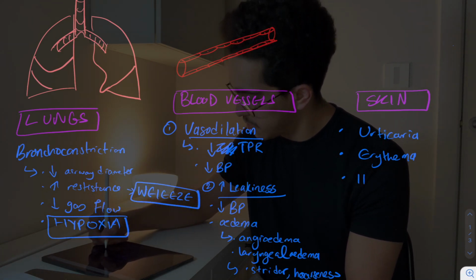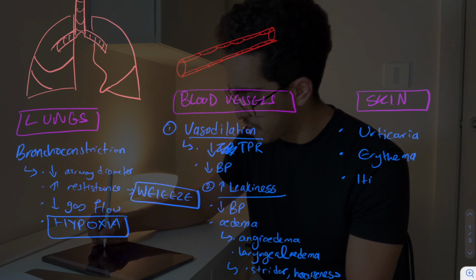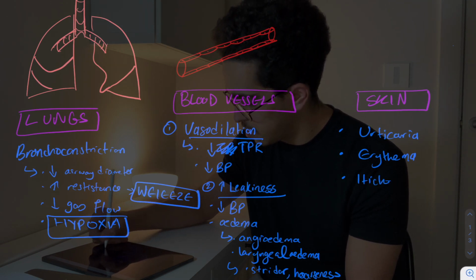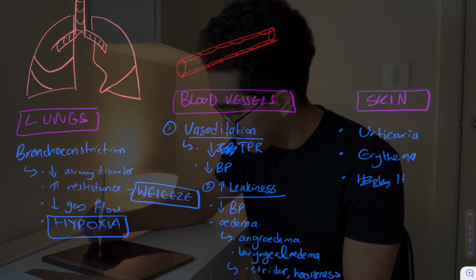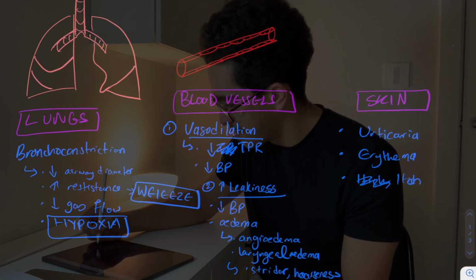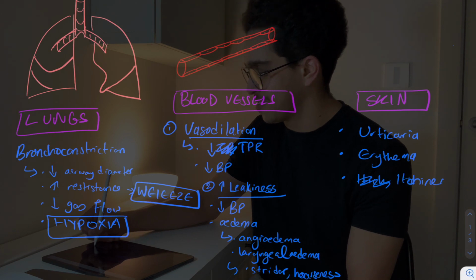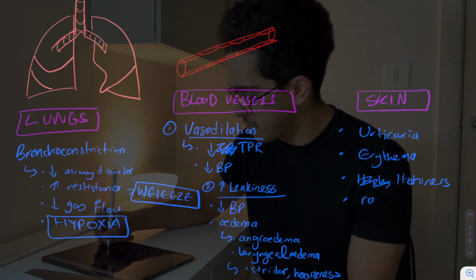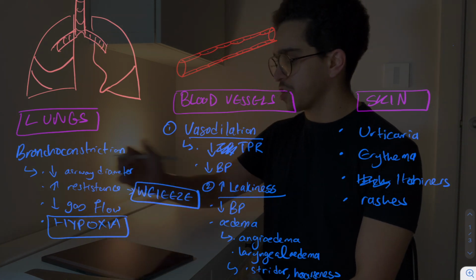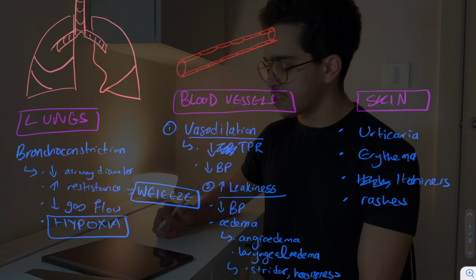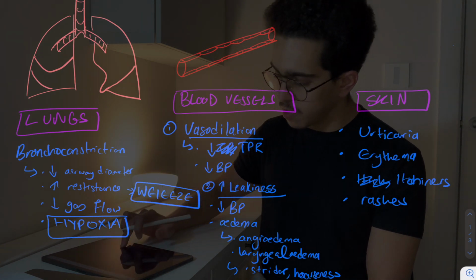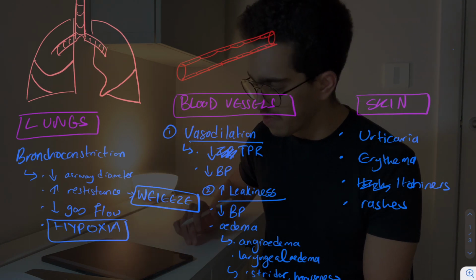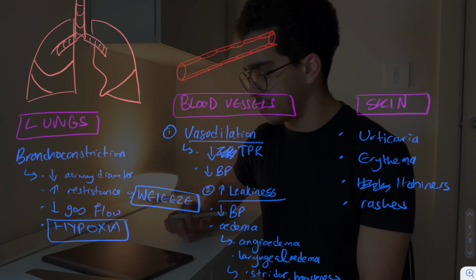Itchiness. I can't spell. Itchiness. What else? The patient may also have rashes. So urticaria, erythema, itchiness, and rashes. Okay, 3 main effects: on the lungs, on the blood vessels, and on the skin.